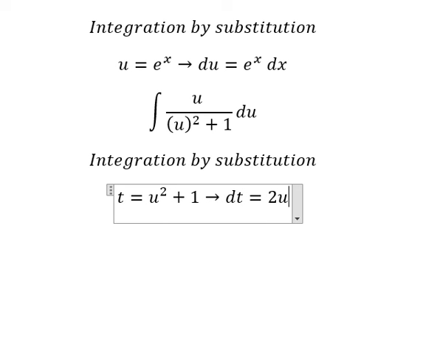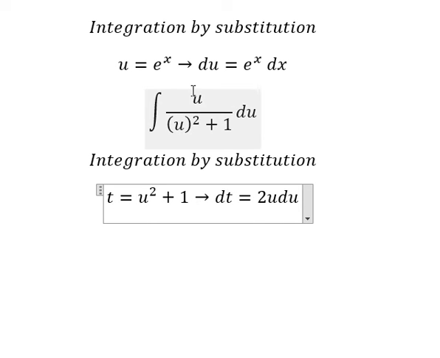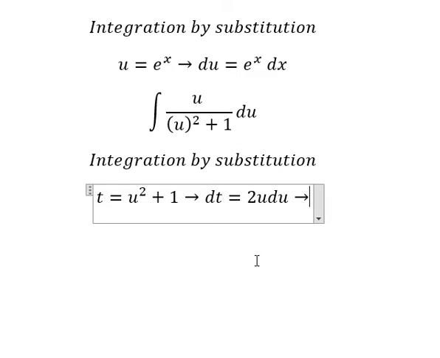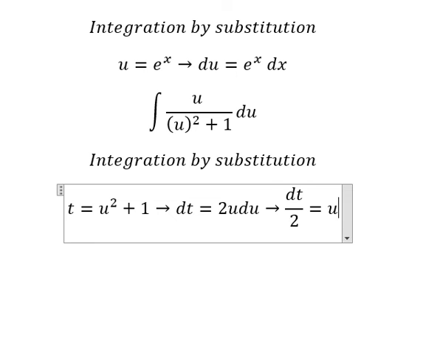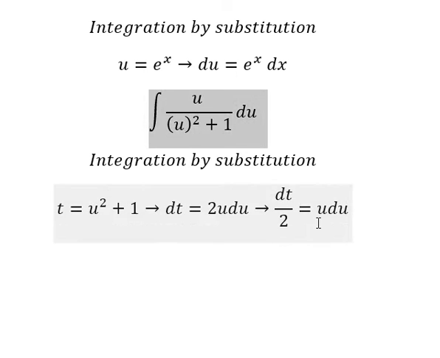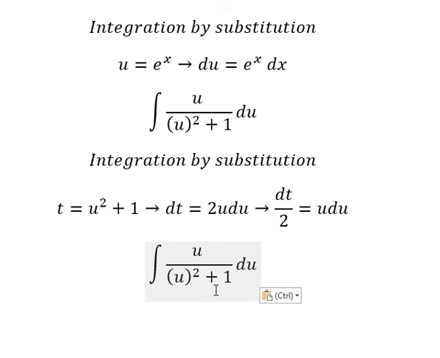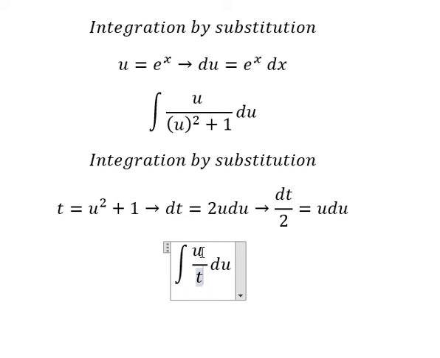So we have 2u du. Because we don't have number 2 next to u, we divide both sides by number 2. So this one we change for t. U du we change for dt over 2.